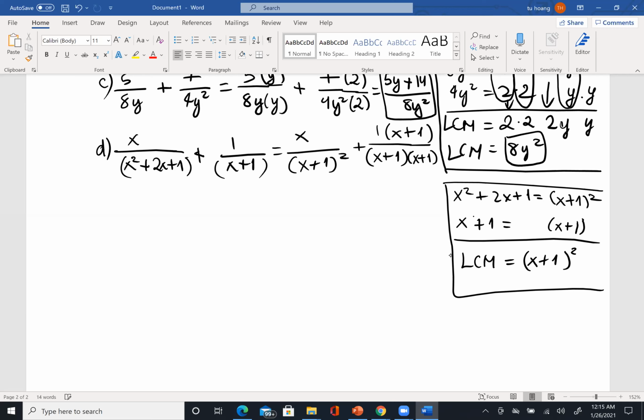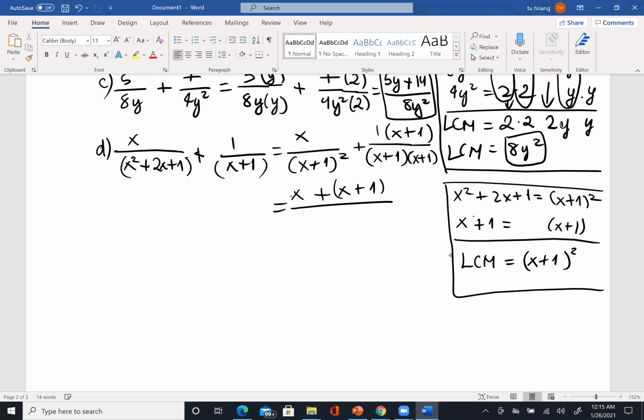So now it will be equal to x plus x plus 1, because 1 times x plus 1 will be just that, right?